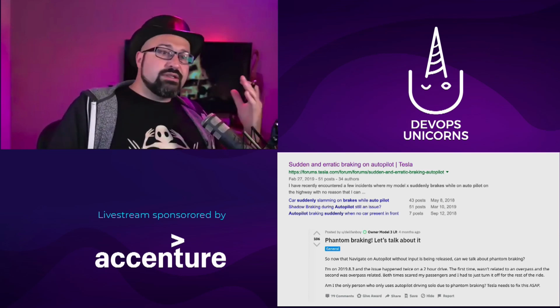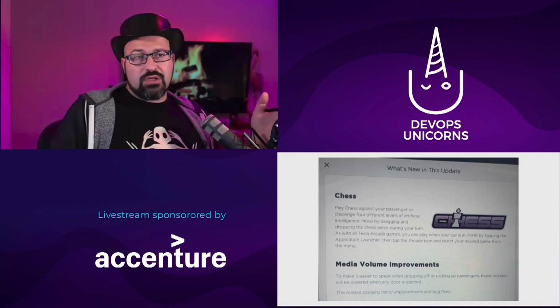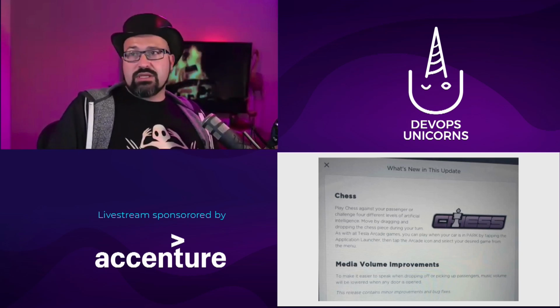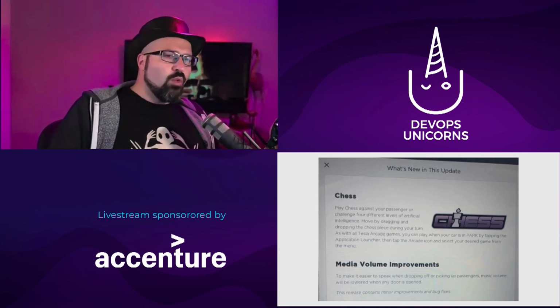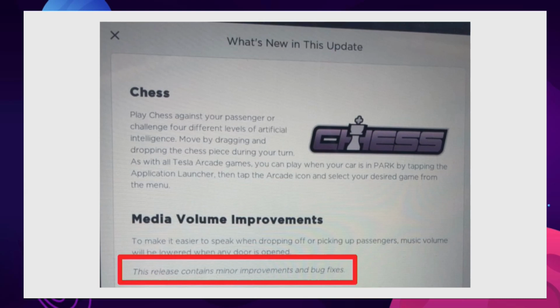In the end, when it comes, it turns out why it took so long. It took so long because it was released together with chess. Why is chess important? Because when you charge your car at the supercharger, you want to play chess while you wait. And also the bug fixes that allegedly fix the phantom braking.